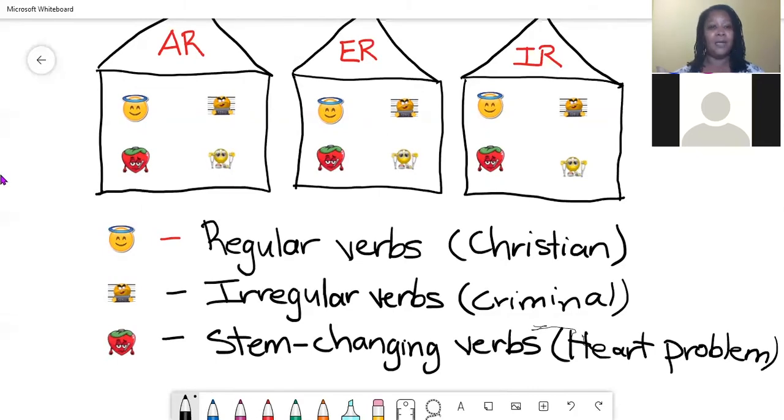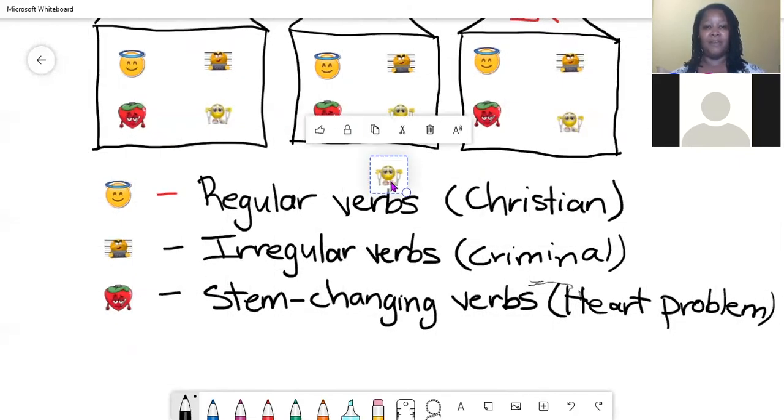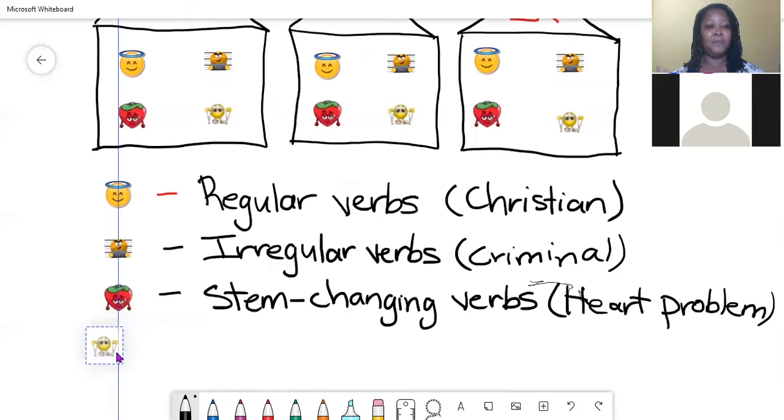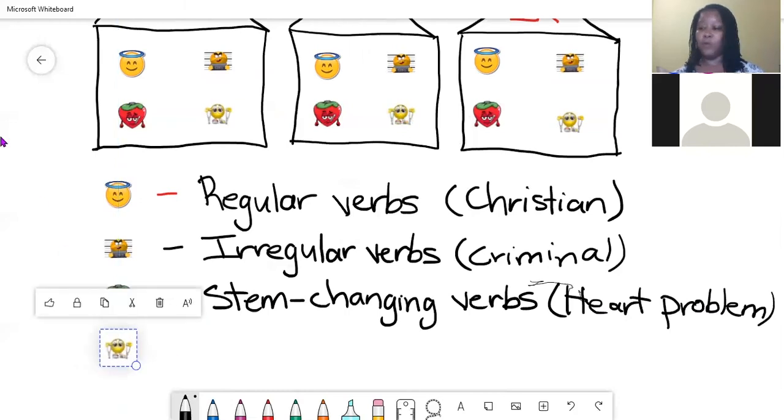And then our final character is this little one here who is on crutches. Being on crutches indicates that there's a problem with the leg, right? And the leg is found at the end of the body or at one extreme of the body. And so these verbs are what we call spelling change.